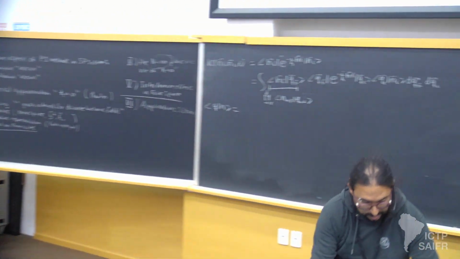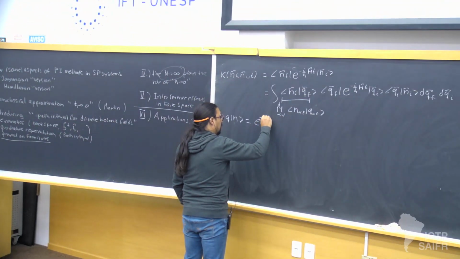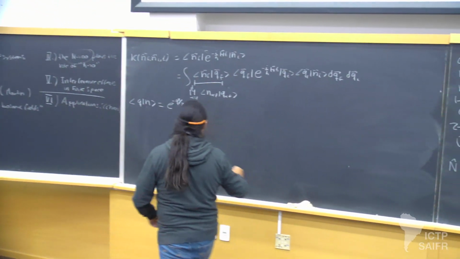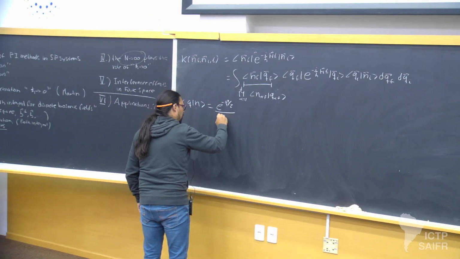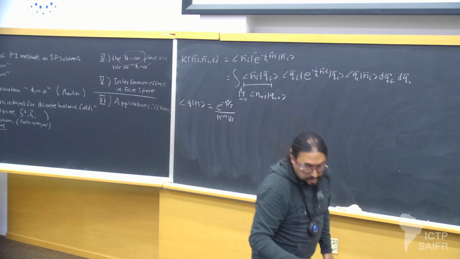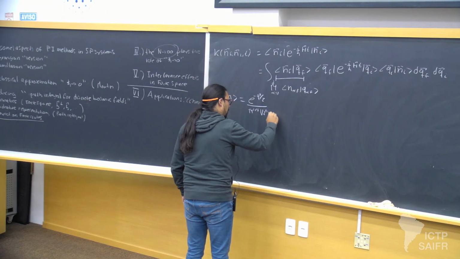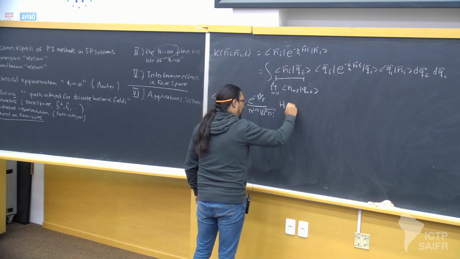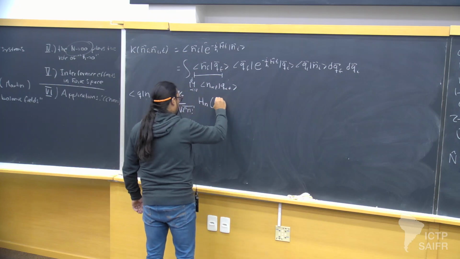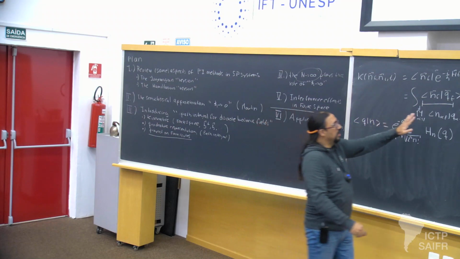Otherwise, well, that would be quite a mess. Sorry, 2 to the n factorial. The nth Hermite polynomial of Q.